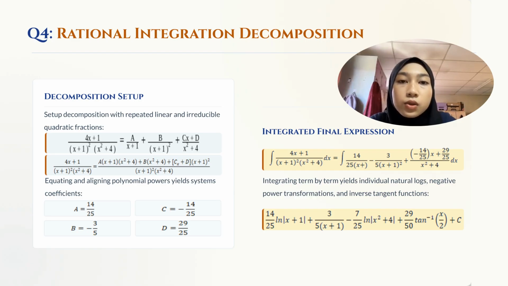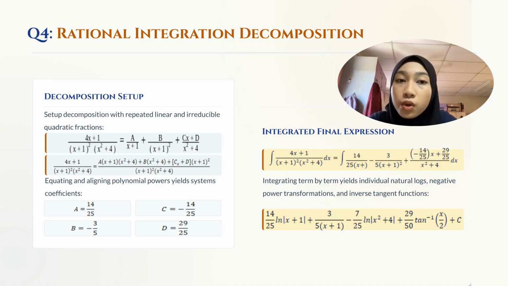And setting x equal to 2 gives us 24A plus 18C plus 9D equals 69/5. Solving the system of linear equations simultaneously gives us our remaining constants: A equals 14/25, C equals negative 14/25, and D equals 29/25.